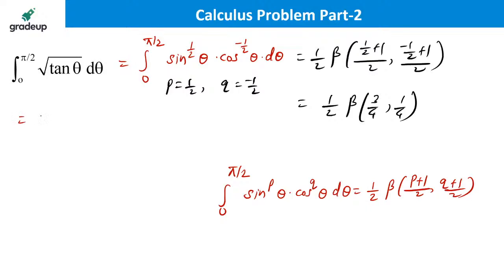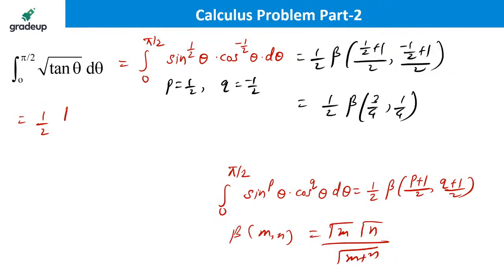So 1 by 2, and look at this: gamma 3 by 4, gamma 1 by 4. What is beta m comma n? Beta m comma n can be written as gamma m gamma n upon gamma m plus n. So gamma 3 by 4, gamma 1 by 4, and gamma m plus n, 3 by 4 plus 1 by 4.